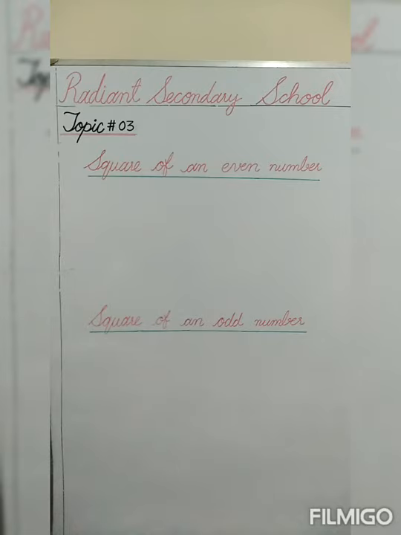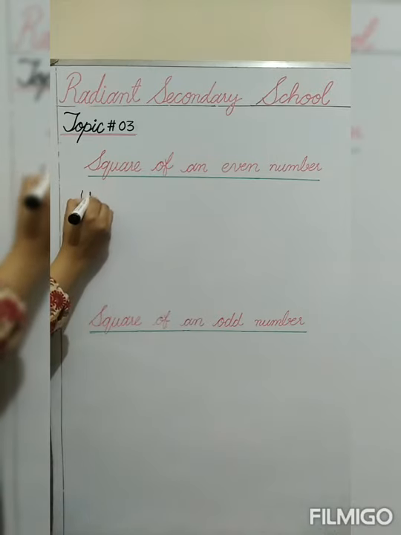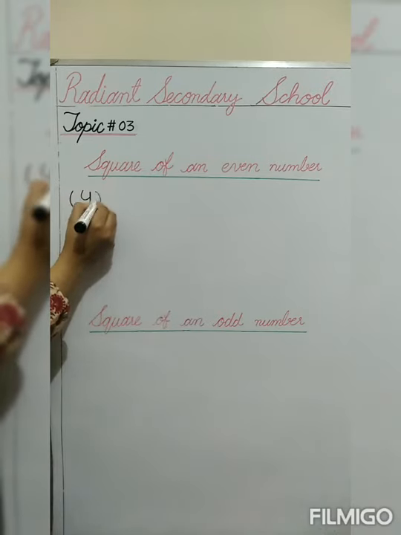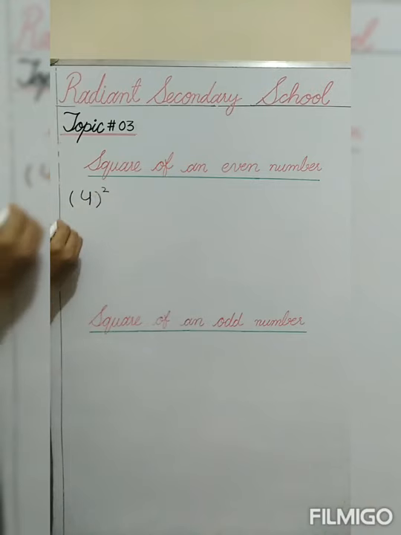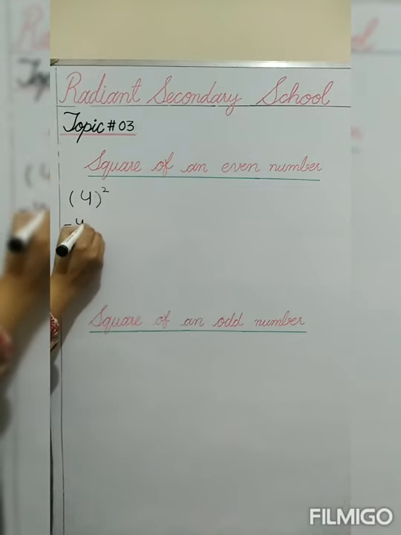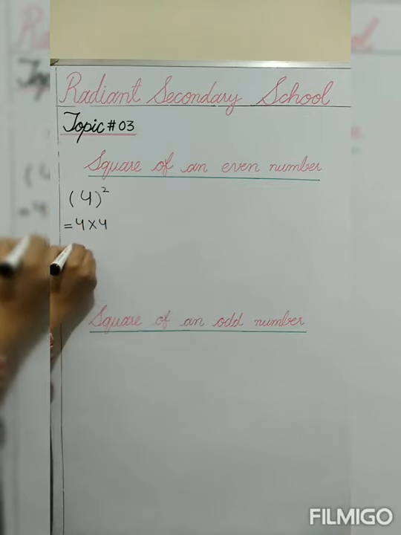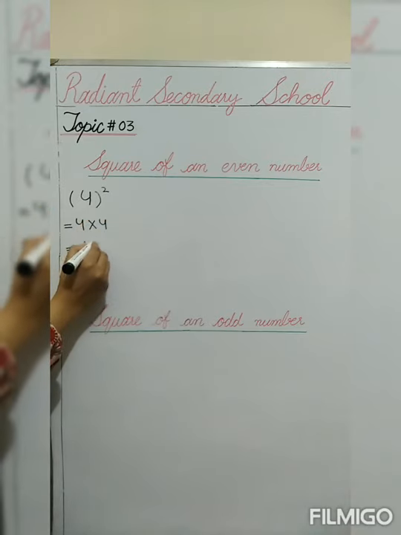Okay class, now topic number 3 is square of an even number and square of an odd number. Let's suppose I take an even number 4 and I'm taking its square. 4 square means 4 multiplied by 4, and 4 times 4 is 16.